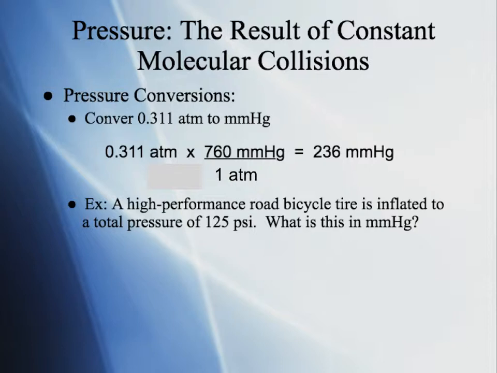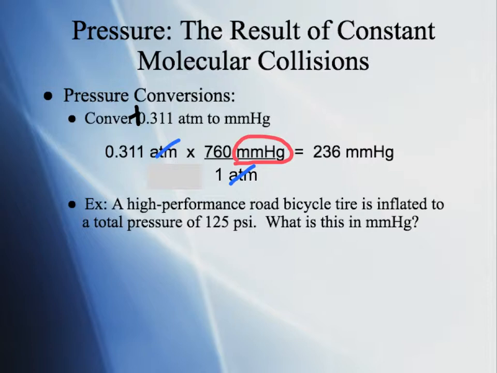The first is to convert 0.311 atmospheres to millimeters of mercury. We always start with what we're given, 0.311 atmospheres. We want to get to millimeters of mercury, so we're going to put our millimeters of mercury on top, and in order to cancel out our atmosphere units, they go here on the bottom. So our atmosphere units are going to cancel.